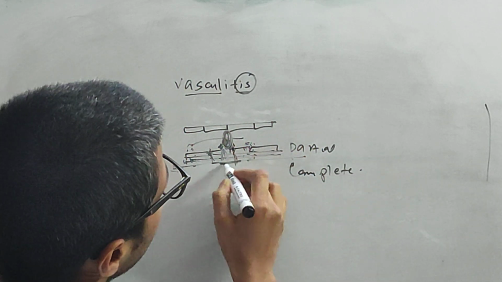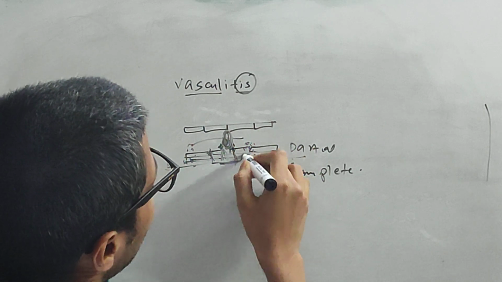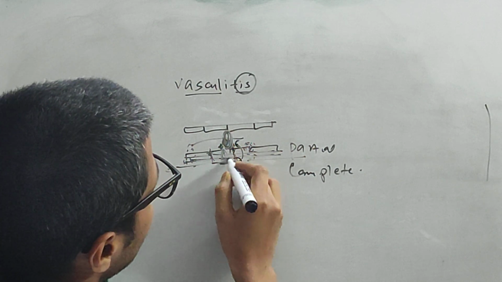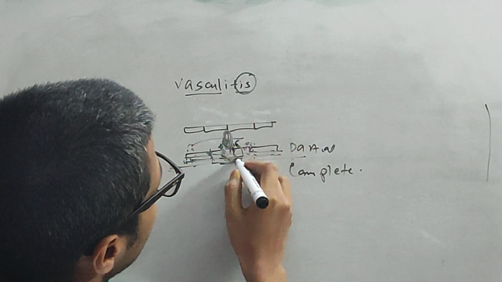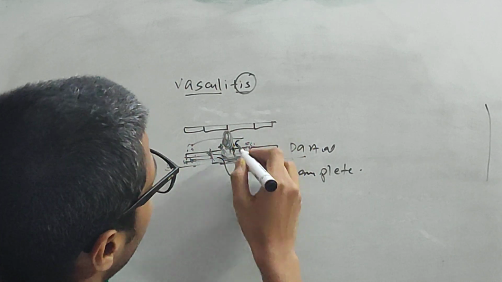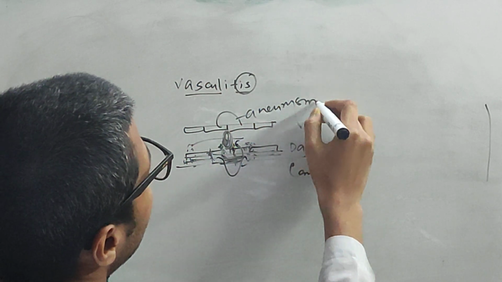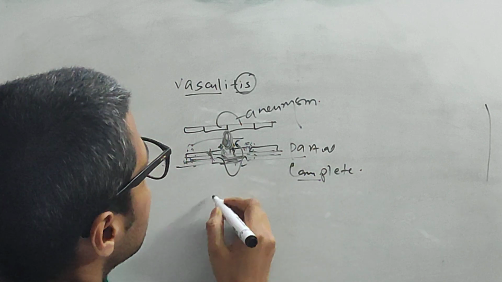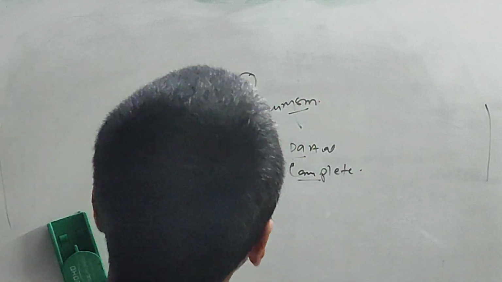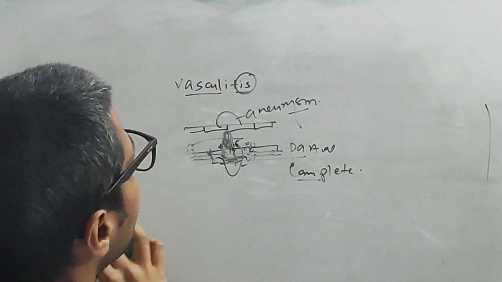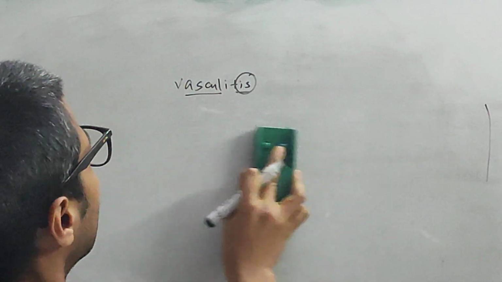And due to inflammation, what can occur? It can go either inward or outward. Outward meaning that there is inflammation, so there is weakening of this portion of the blood vessel, and so it protrudes like that. That is called aneurysm. So there can be either stenosis or aneurysm of the blood vessels. So this is the basic pathophysiology of vasculitis.